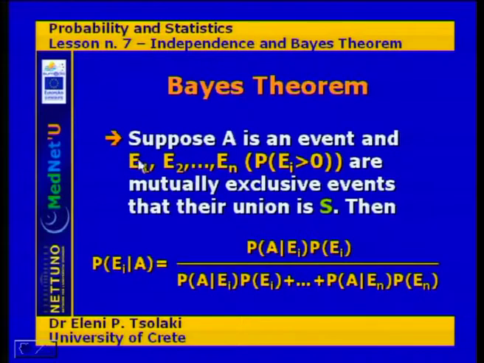Bayes' theorem tells us that if we have an event A and E1, E2 up to En, events whose probability is not 0, are mutually exclusive, and their union is S, then we can calculate the probability of Ei given A using this formula here.